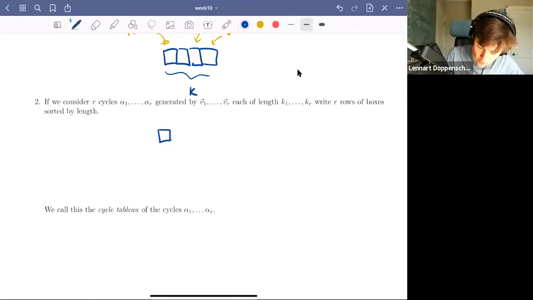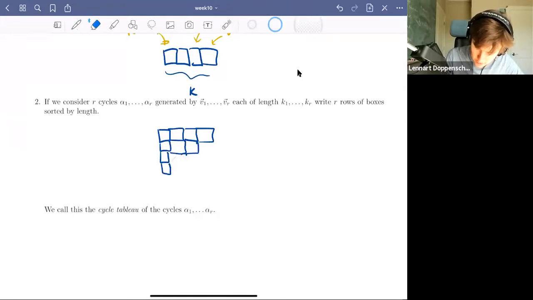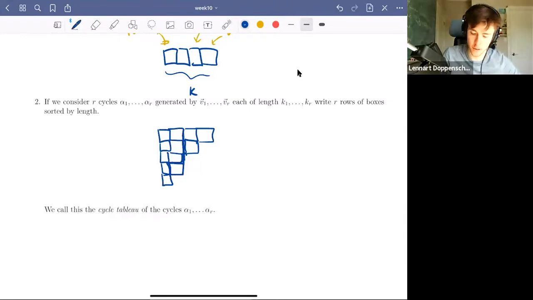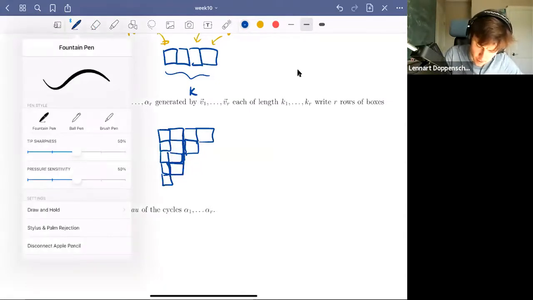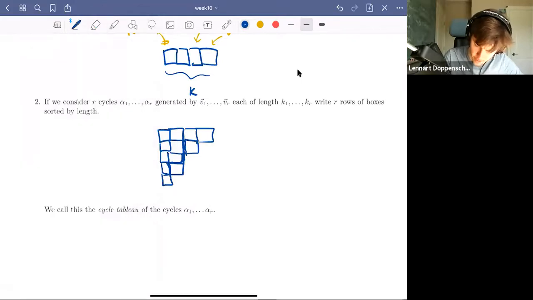So let me try to draw an interesting example. The boxes are getting not so boxy anymore. So this is the cycle alpha 1, alpha 2, and 3, 4 up to alpha 5.